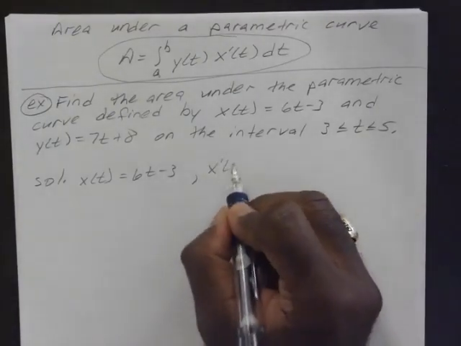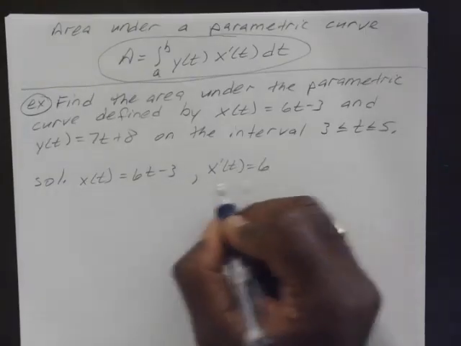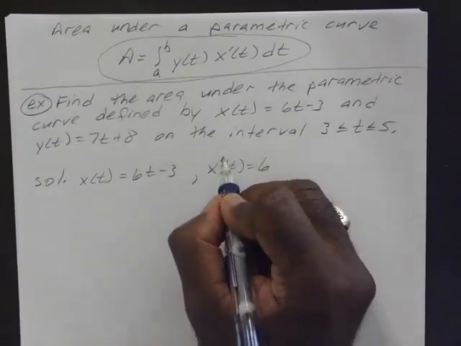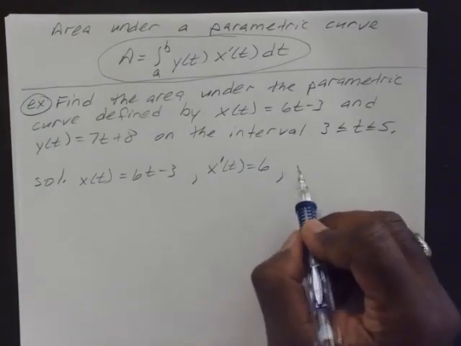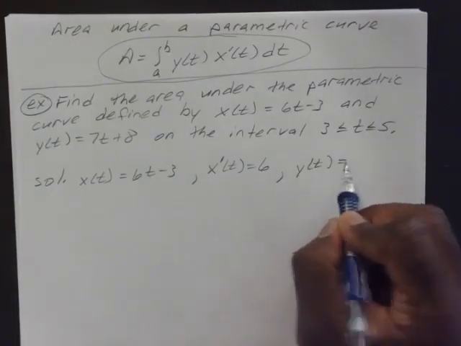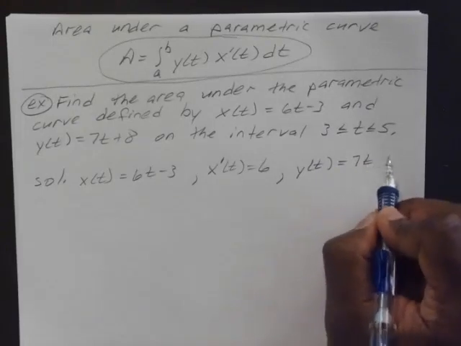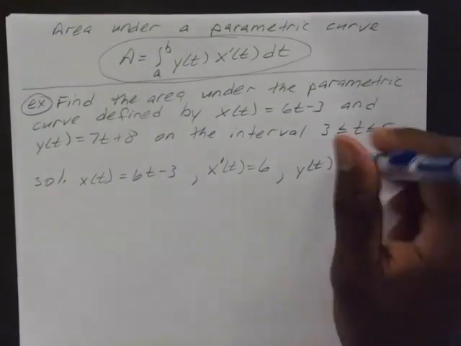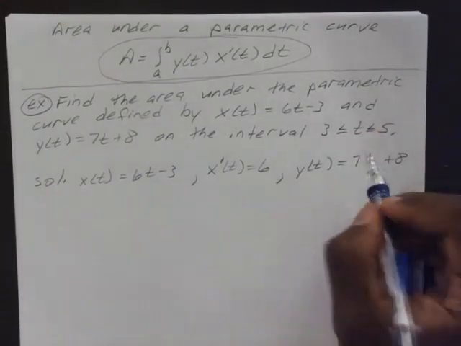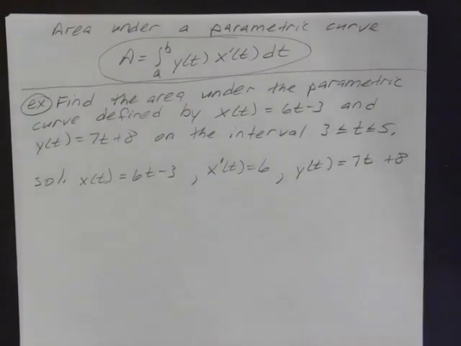So x prime of t is equal to 6. And we know that y of t is equal to 7t plus 8.